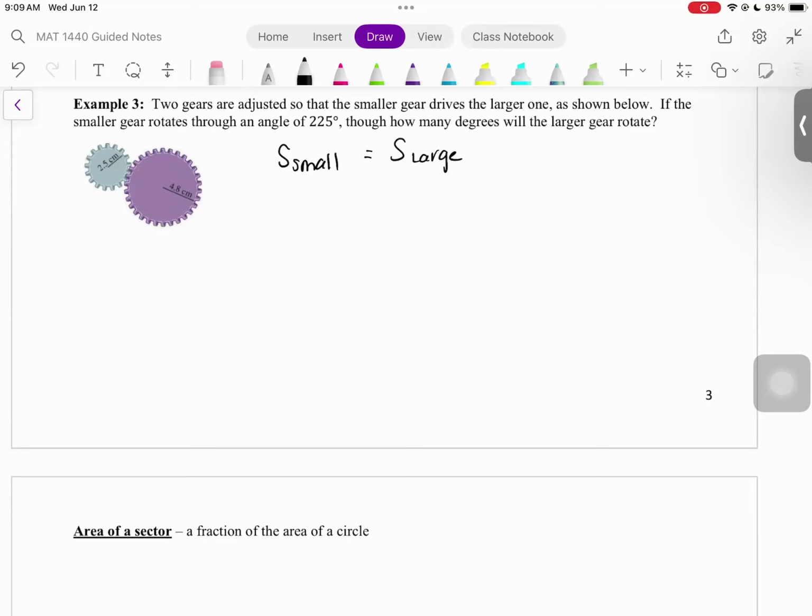So we're going to set up formulas for both of these to determine our unknown of the central angle from that larger gear. So the arc length of the small gear, it's rotating through an angle of 225 degrees. So this is 225 divided by 360 times the circumference, 2 pi r, which is 2.5 centimeters.